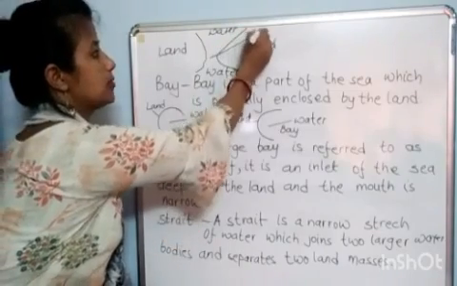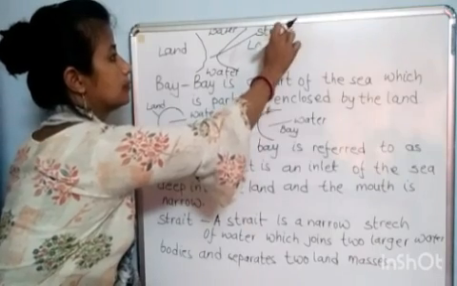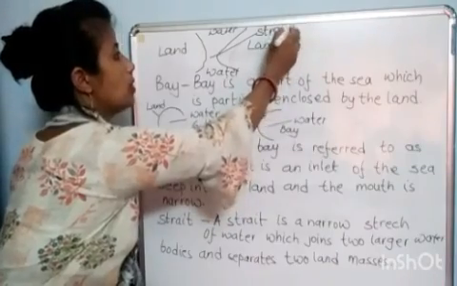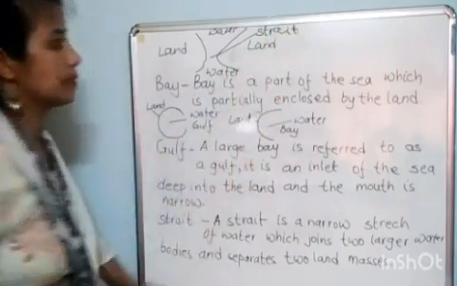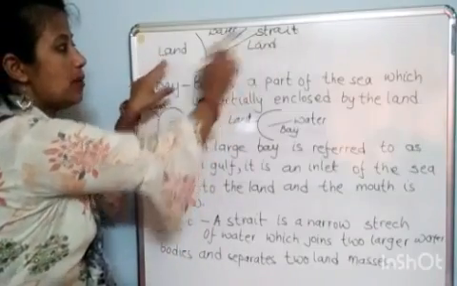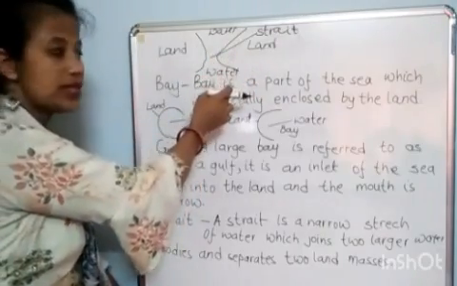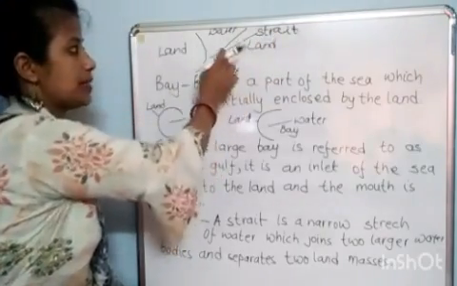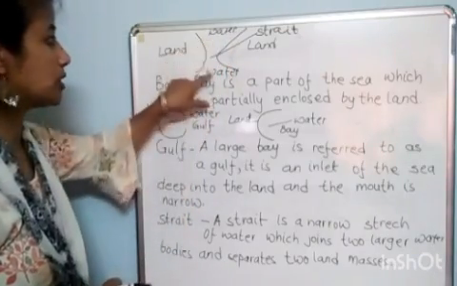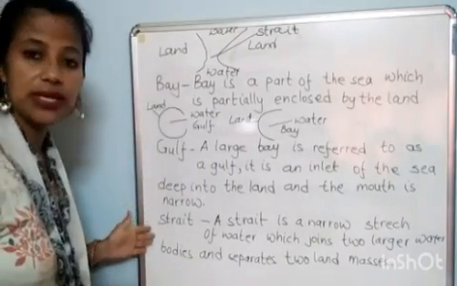This is called a strait. It separates large land masses. A strait separates land and joins two water bodies. Hope you all have understood this.